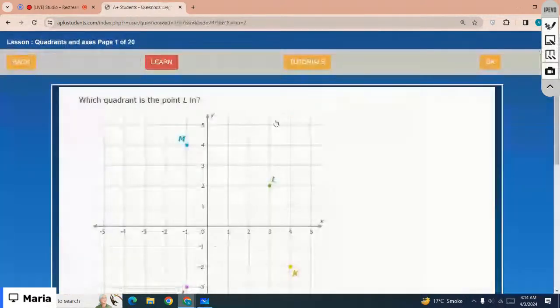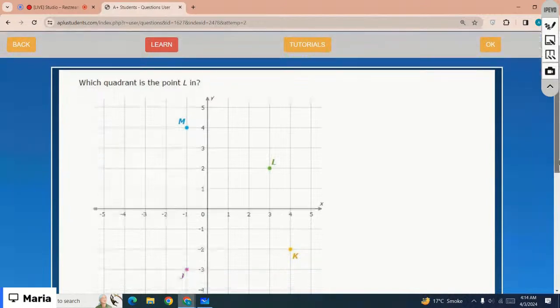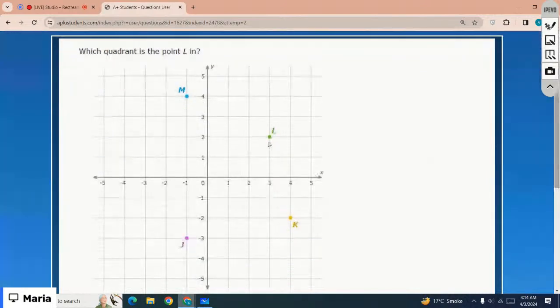Which quadrant is the point L in? Which is the correct option? Here is the point L, right? Which quadrant is it? That is quadrant number 1. That means point L is in the first quadrant. The correct option is quadrant 1.